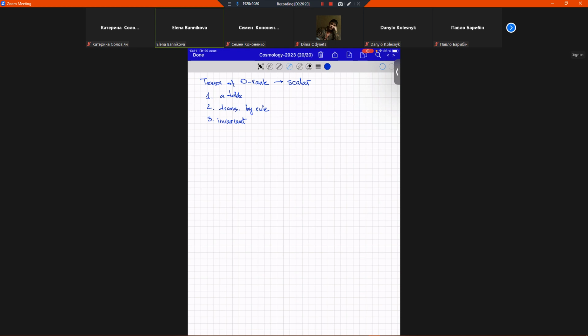We can move from flat space to curved space, and in a curved space the coordinate net will be much more complicated. Coordinate axes can be not at 90 degrees, so there can be some angle between two or three coordinate axes.